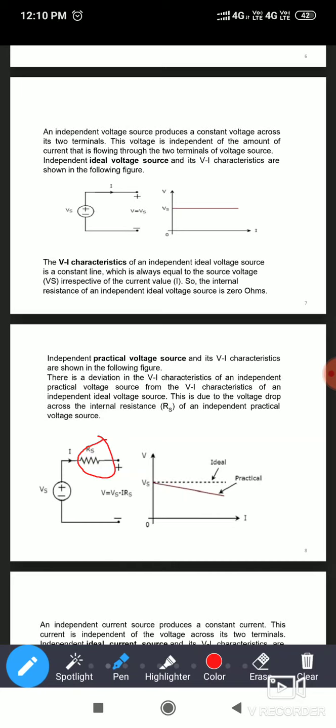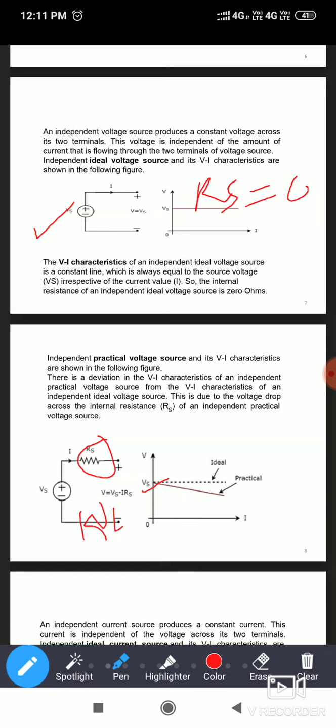Due to that, if you apply KVL here, the voltage between the two terminals is Vs minus I into Rs. If you compare with an ideal voltage source, the value of Rs will be 0. That's why it is called an ideal voltage source, in which the internal resistance is 0, that is, it is already shorted.